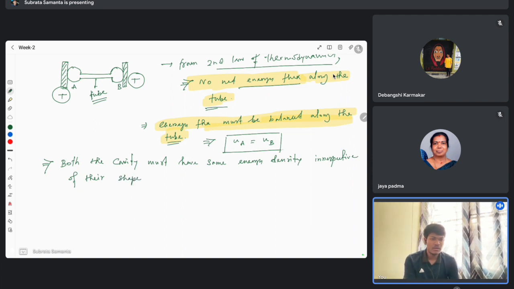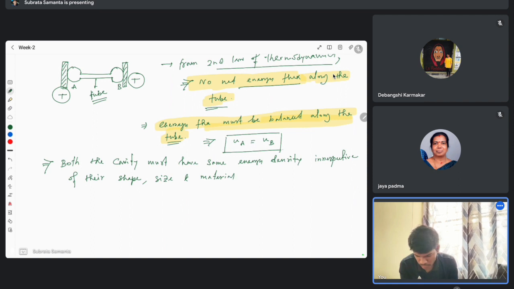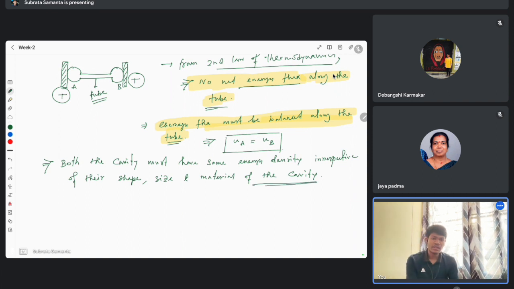So these containers can be any shape, size, okay, and material of the cavity. I call it the cavity or container. So same energy density irrespective of their size, shape, and material.